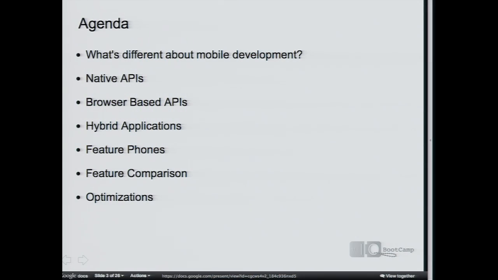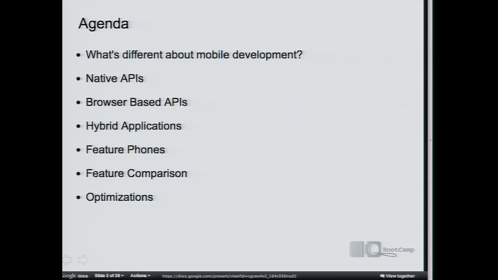Now, there are multiple options. You can develop using native applications, native APIs. You can develop using our JavaScript API. You can do a combination of the two. You can use our static maps API. I'm going to go through all these different options and talk about why they are the same, why they're different, and what the different advantages are of each.